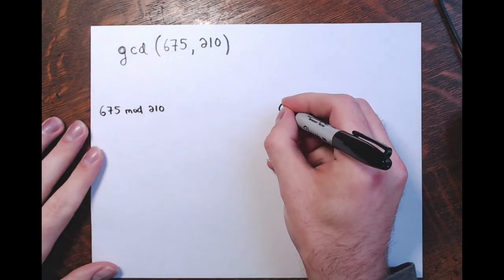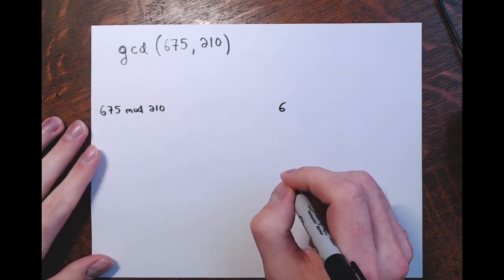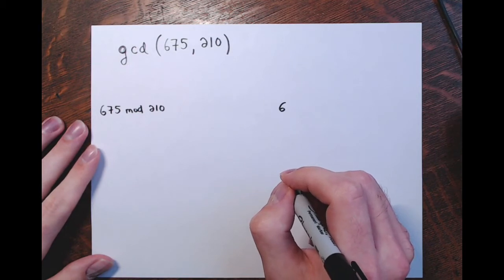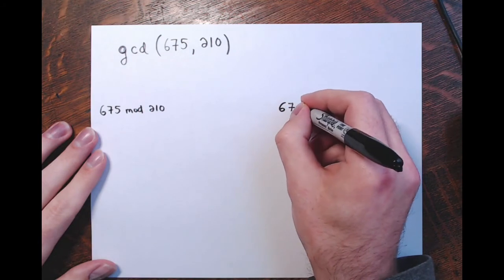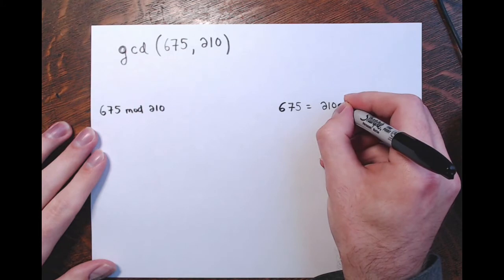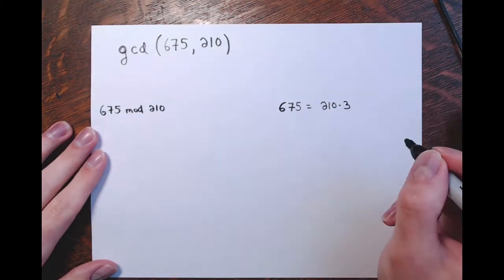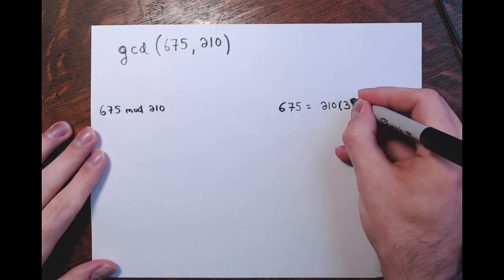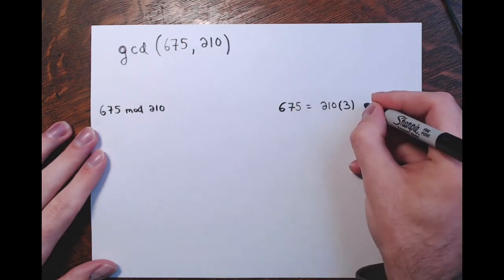These statements on the right are going to be very important for the second part, the extended Euclidean algorithm, where I write the greatest common divisor of two numbers as a linear combination of those two numbers. Right, 675 is equal to 210 times 3, for 630. I'll put this in parentheses actually. 210 times 3 makes 630, and then plus 45, right?